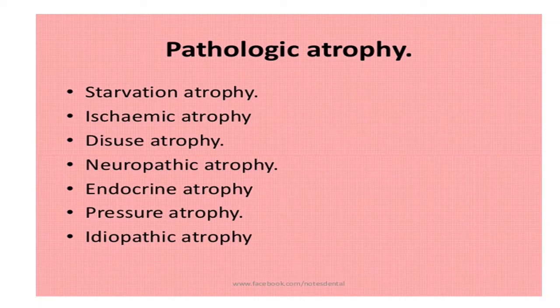Neuropathic atrophy, when the neurons are not sending enough impulses to the area for them to perform the activity they are supposed to perform, they atrophy. Endocrine atrophy, when certain endocrine glands that are supposed to send secretions to an area for them to develop well fail, they atrophy. Pressure atrophy, when there is too much stress at a specific cell. And idiopathic atrophy, the cause is unknown.